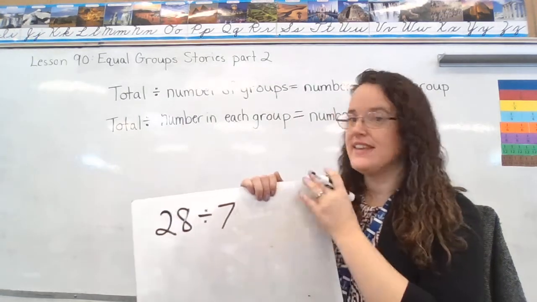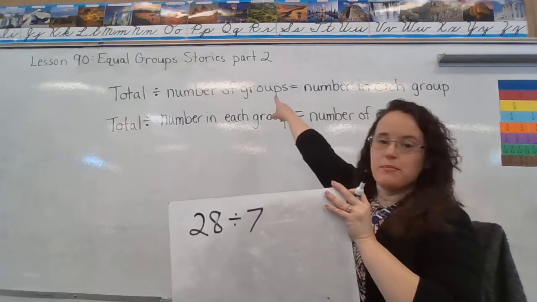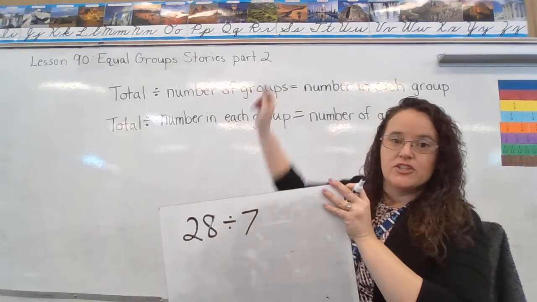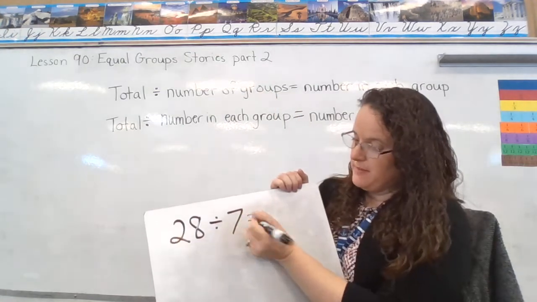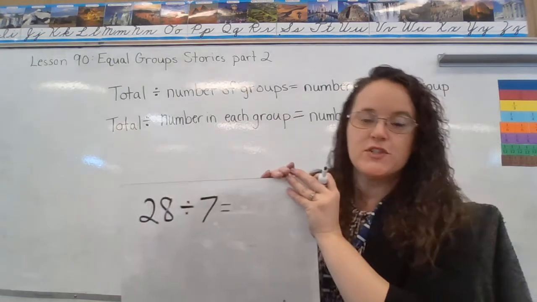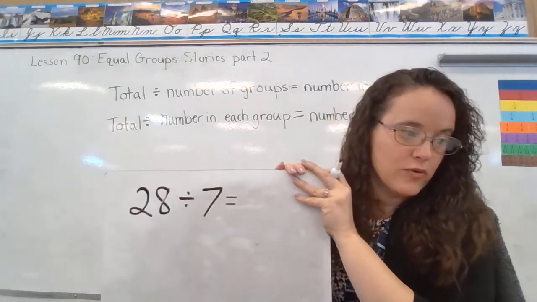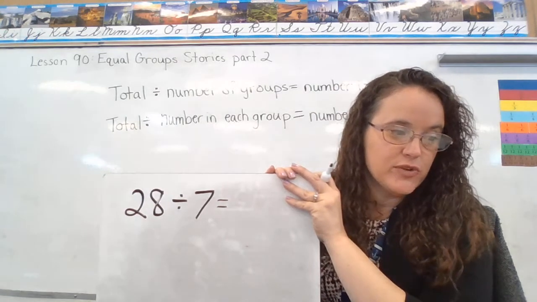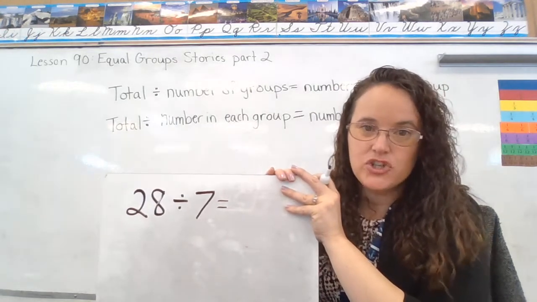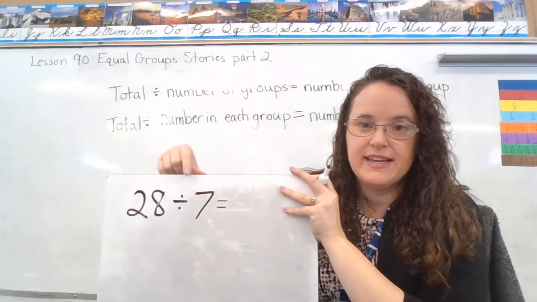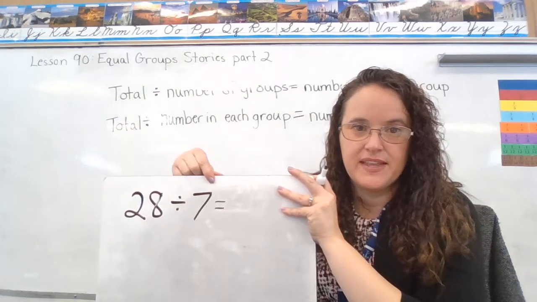So here the 7, that is our number of groups, like the first one up there. So when we do this division problem, we are going to find the number of students in each group, which is a good thing because the question says, how many children will ride in each car? So we have to figure out what is 28 divided by 7.